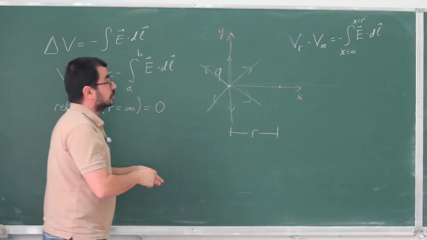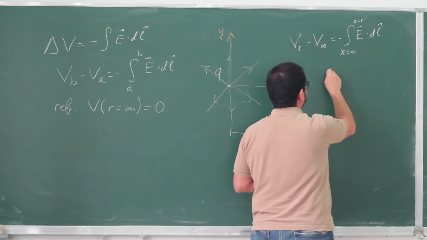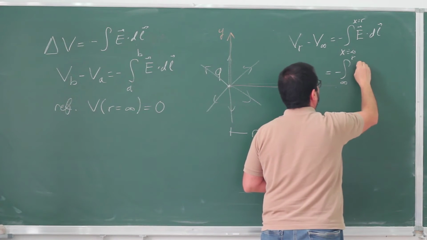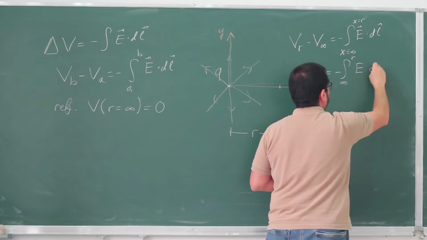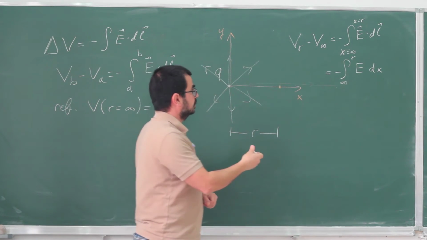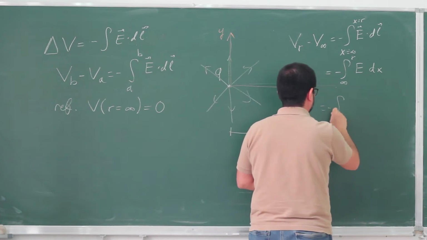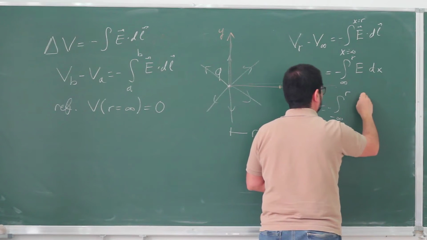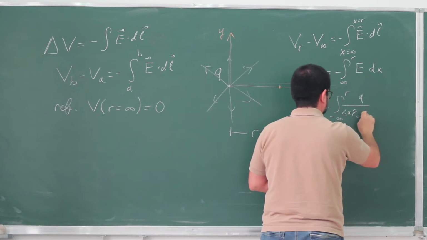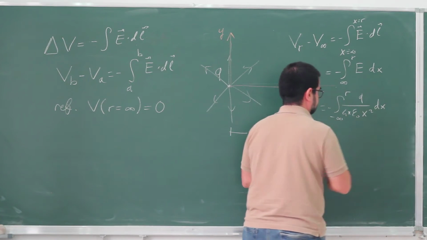Okay? So this, in fact, becomes minus the integral from infinity to r of e dx, and that e is given by the integral from infinity to r of q over 4 pi epsilon naught x squared dx. Okay?